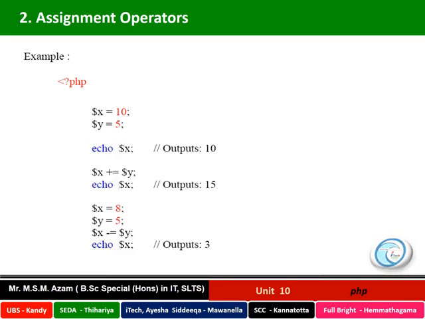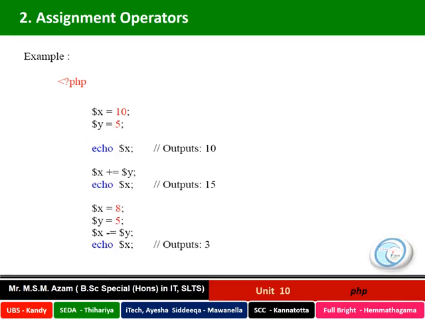See the screen. There I say $x plus equal $y. That means, as I explained in the previous example, the value of x equals the previous value of x plus y. The previous x value equal 10, y value equal 5. Therefore, new x value should be 10 plus 5, 15. So when I say echo $x, it prints the value 15.